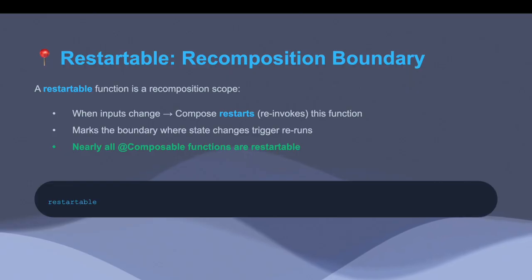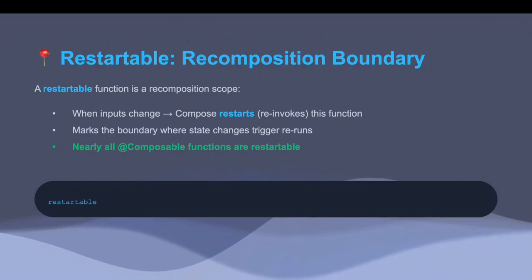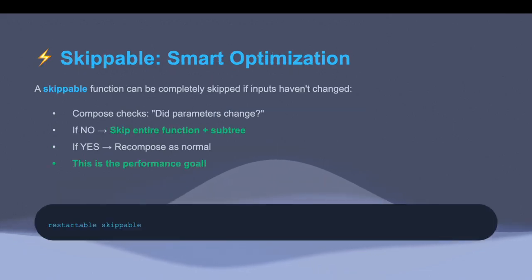A restartable function is a recomposition scope that we can see on the screen. Restartable is kind of the same as recomposition that we all are aware of. It means that when some input changes in our composable function, it will re-invoke itself. Correct? Now the second term is skippable.